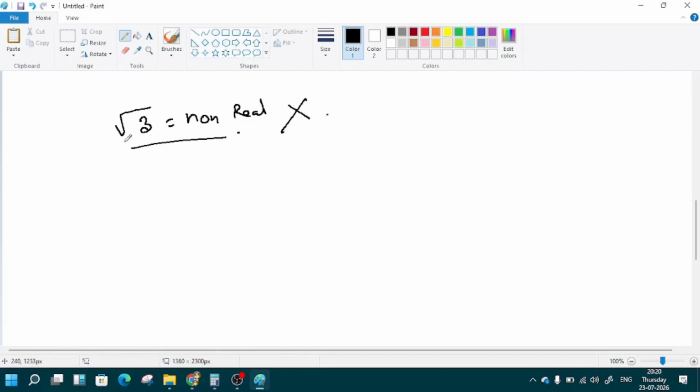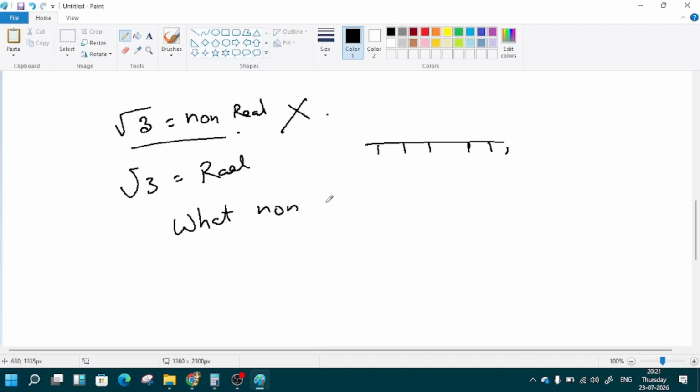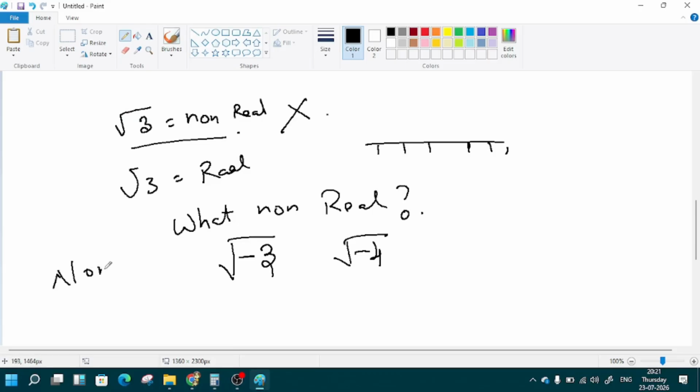Root 3 is actually a real root. It comes under the real number line. So what is non-real then? Non-real means you have a negative sign inside the root. Negative signs inside the root are called non-real.